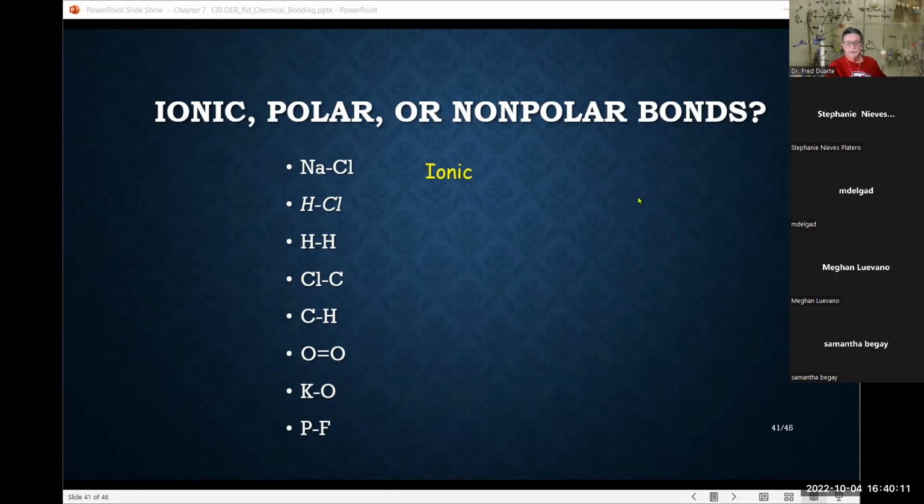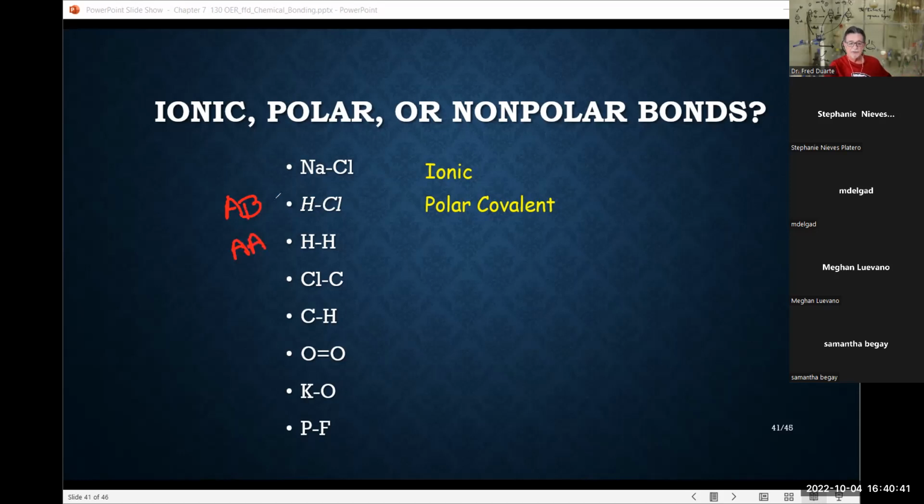For HCl, we have the AB scenario: two dissimilar atoms, automatically a polar bond. It's covalent, specifically a polar covalent bond. Here, HH, hydrogen, is an AA bond.